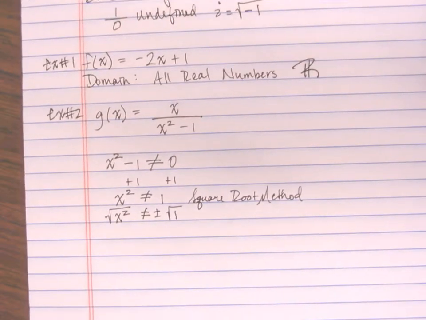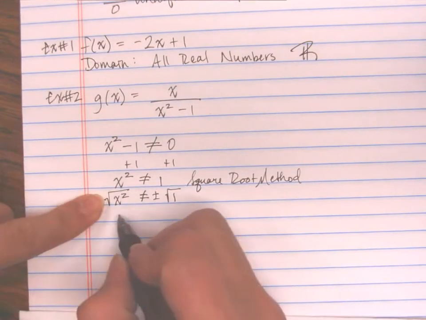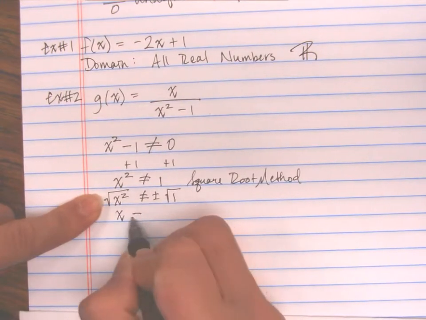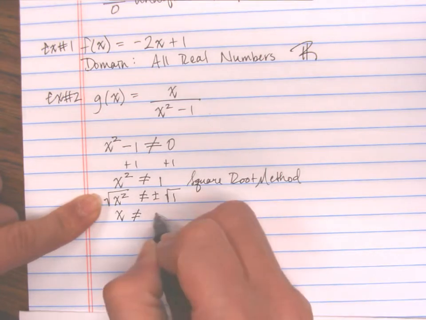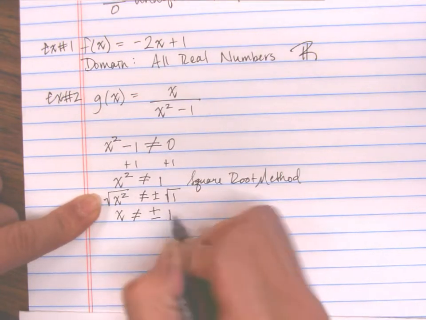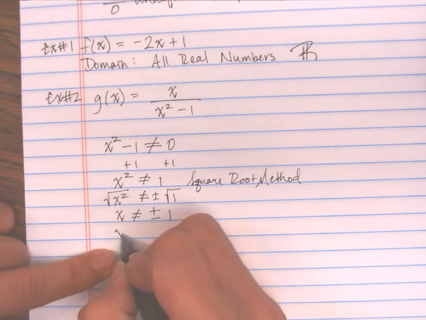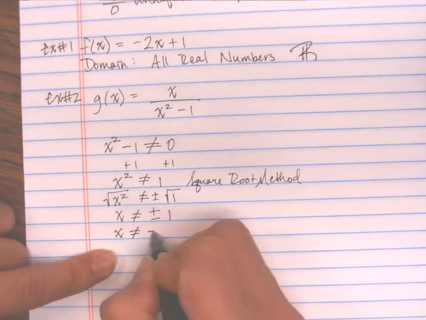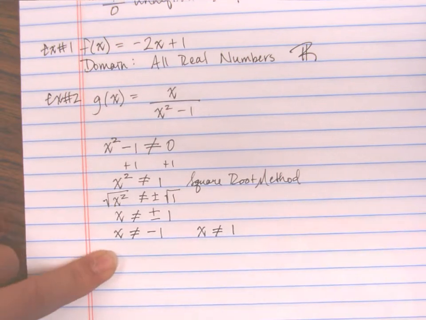So the square root of x squared just gives me x. That still cannot be equal to plus or minus the square root of 1. And we know the square root of 1 is positive 1. I still have my plus or minus signs out here in front though. So really I'm looking at x cannot equal negative 1 and x cannot equal positive 1.